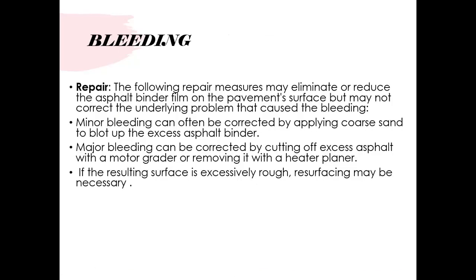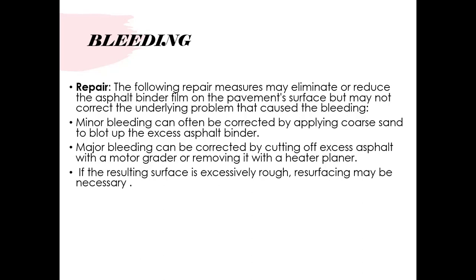Now, another distress on the pavement is bleeding, and the following strategies must be applied to reduce the asphalt binder film on the pavement. Minor bleeding can often be corrected by applying coarse sand to blot up the excess asphalt binder.